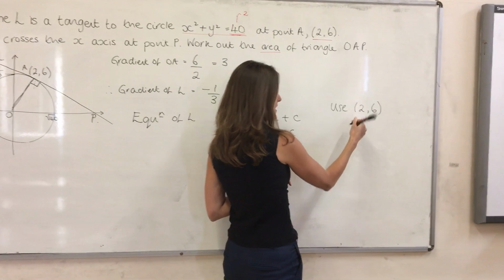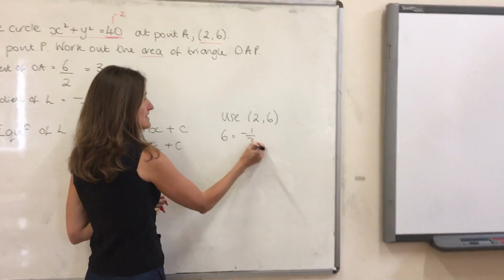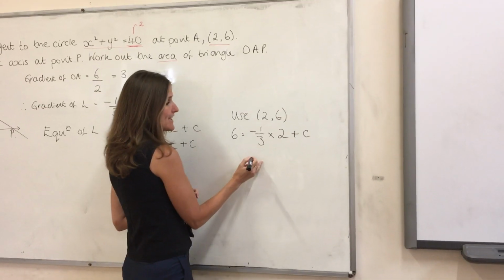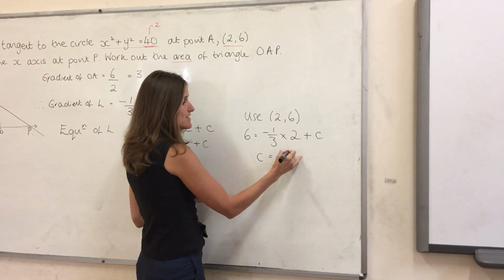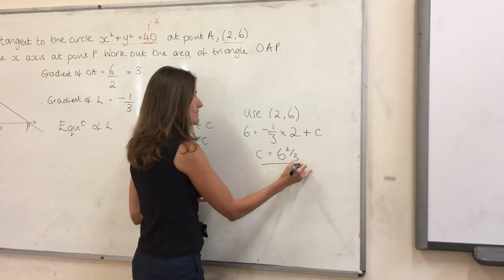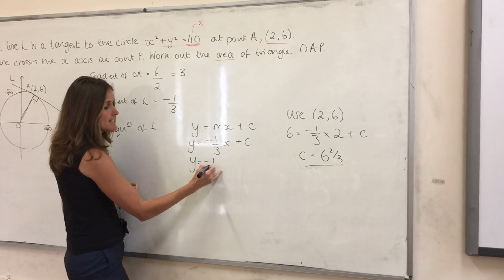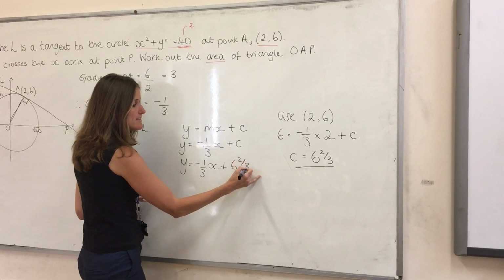Putting this into the equation gives me 6 = -1/3 times my x value, which is 2, plus c. If I rearrange this, the constant is 6 and 2/3. So the equation of line L becomes y = -1/3 x + 6 2/3.